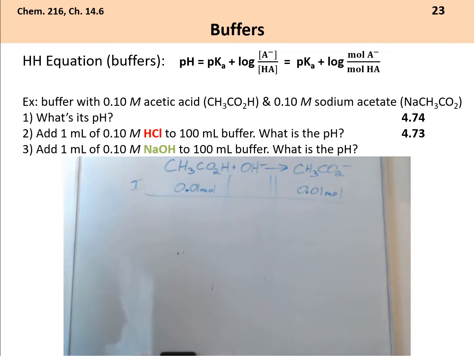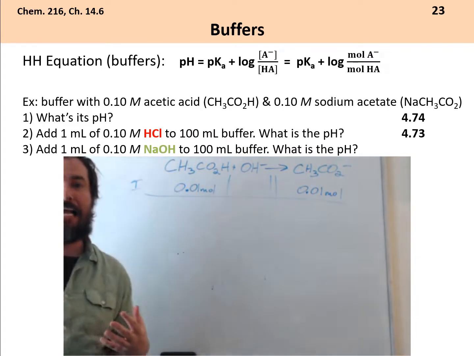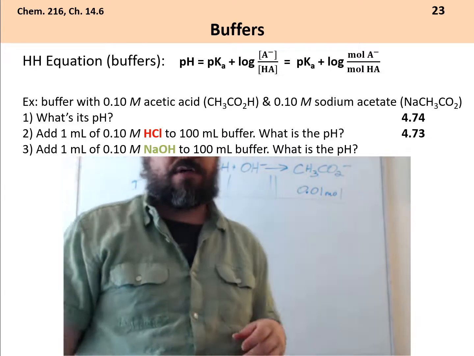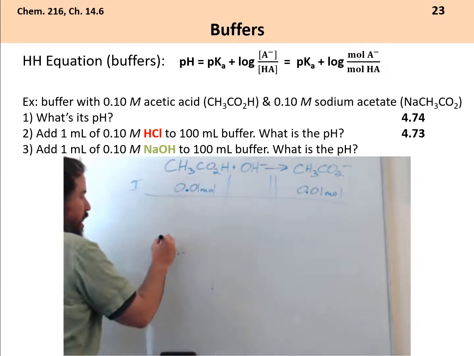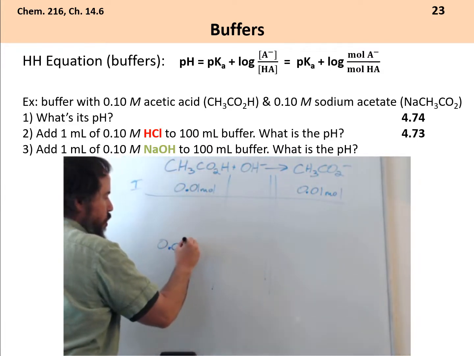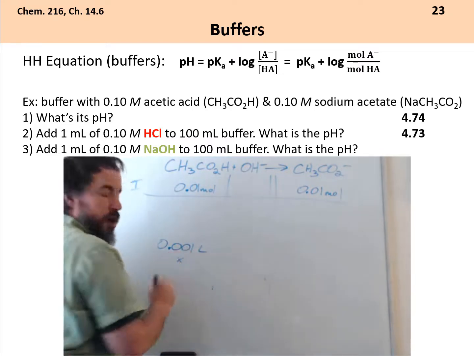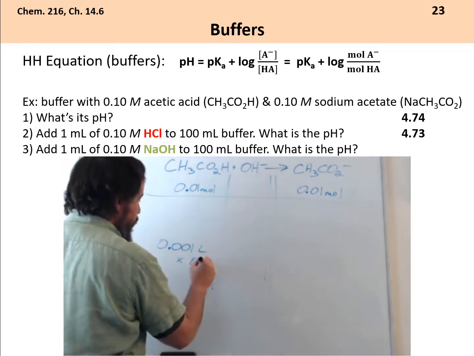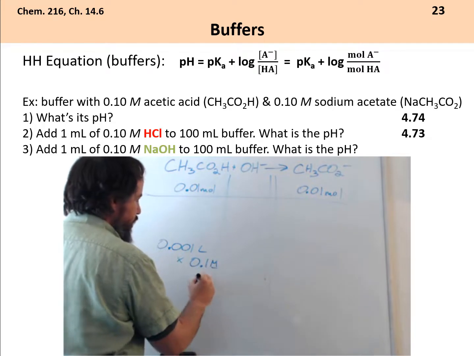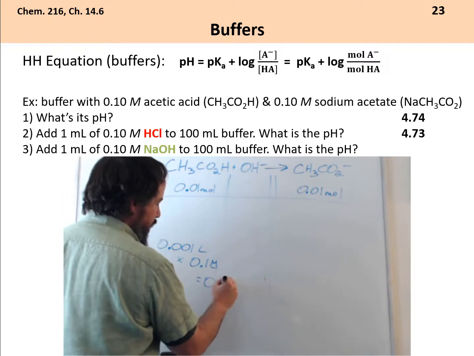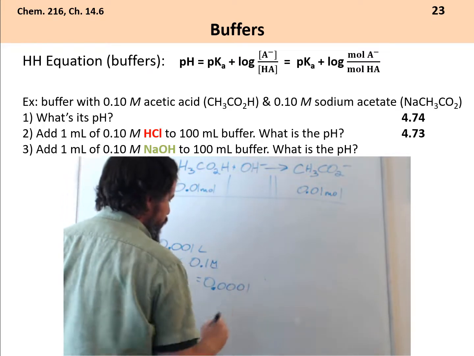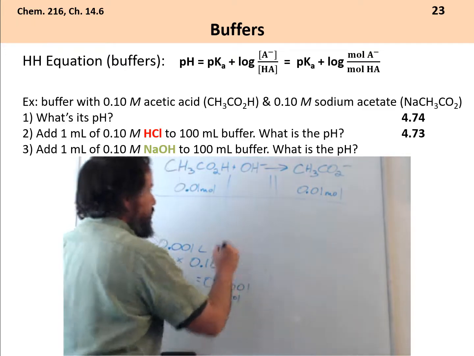Now I'm going to add in some NaOH. I add in 1 mL, or 0.001 liters, of the 0.1 molar solution. So that's going to get me 0.0001 mole of my OH minus.